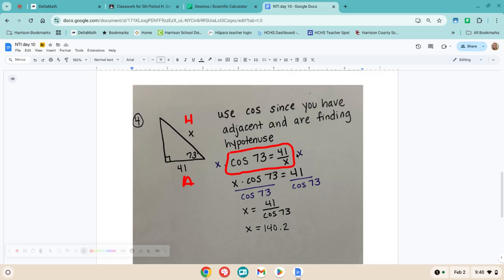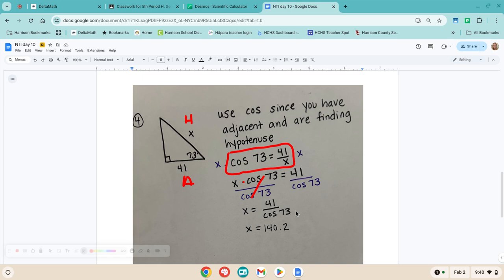I'm going to multiply by x first because I have to get rid of that division first. That's going to give me x times cosine of 73 equals 41. X is not isolated yet, so I have to divide by cosine of 73 on both sides to get x isolated.